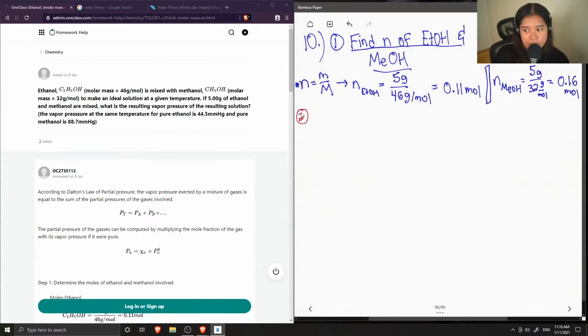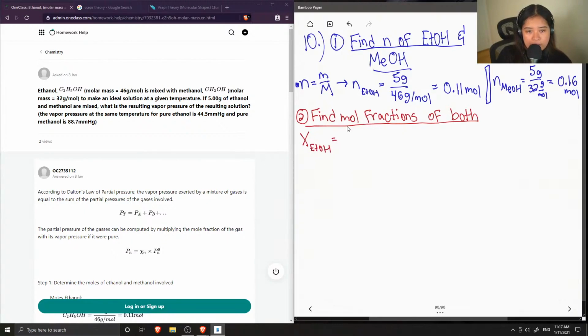Step 2 is to find the mole fractions for both. When we calculate the mole fraction, this is equal to the number of moles of that compound divided by the total number of moles. First let's do it for ethanol.